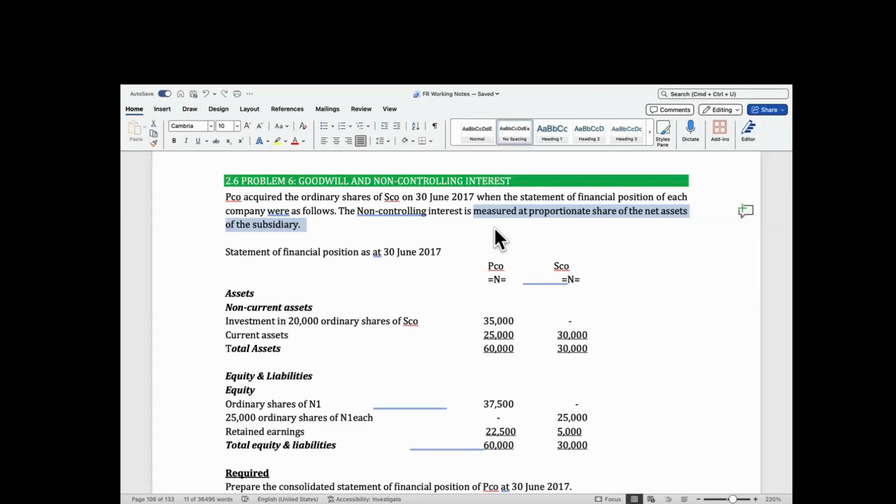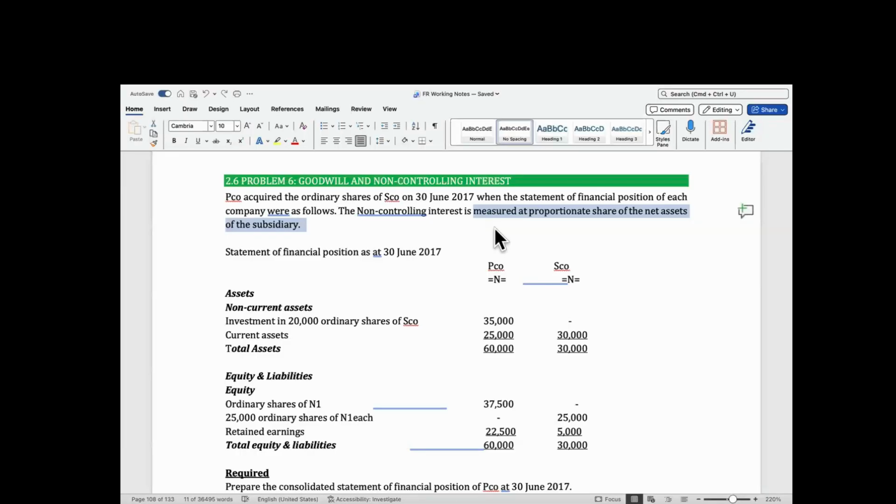So remember, NCI will arise where the parent partly owns the subsidiary. Then the other owners of the subsidiary are known as non-controlling interest. These non-controlling interests are consolidated as part of our equity.